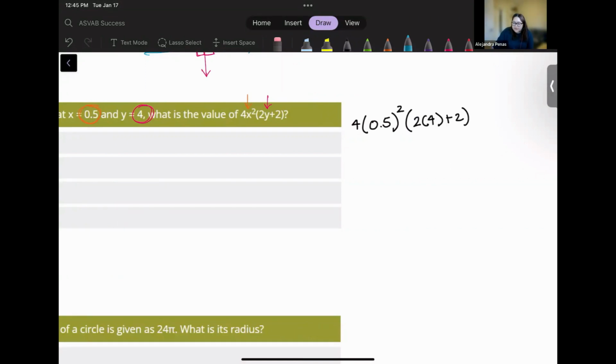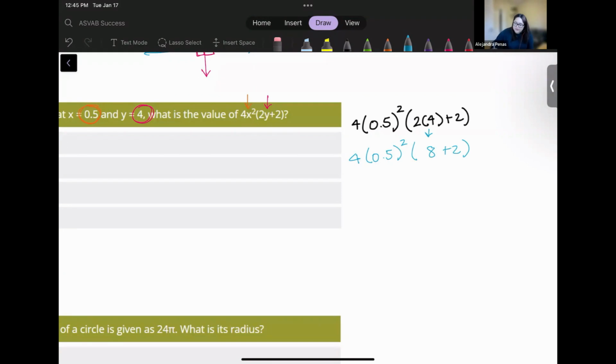So looking inside the parentheses, what should I do first? Should I multiply first or should I add first? Multiply first. So I'm going to write everything else exactly the same because nothing has been done to it. So 2 times 4 is going to be 8 plus 2.